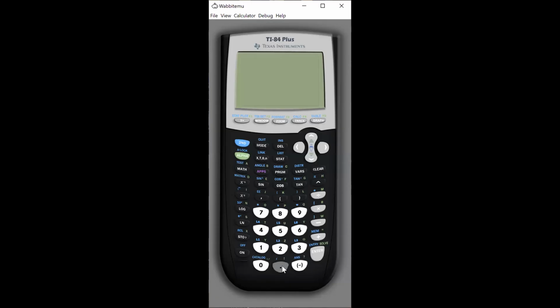We'll do 0.01 divided by 2. All right, so we got z of 0.005. Everybody good on 0.005? Okay, so I'm going to transfer back to the notes.